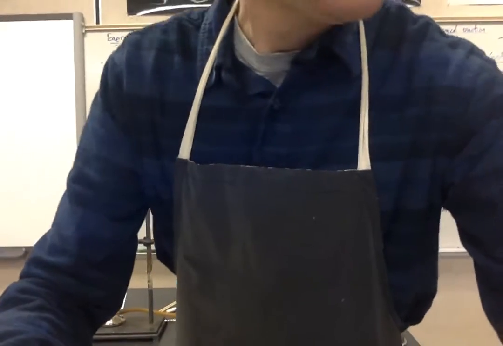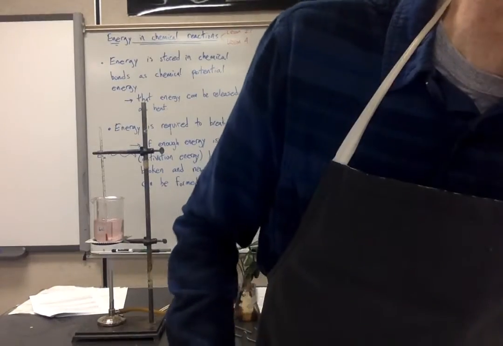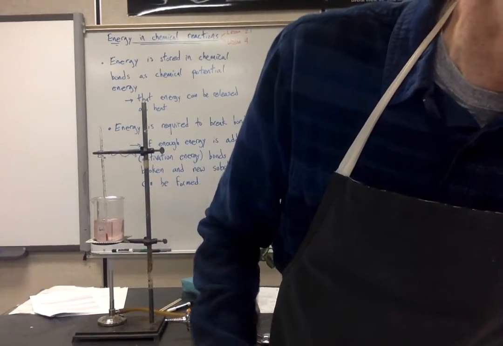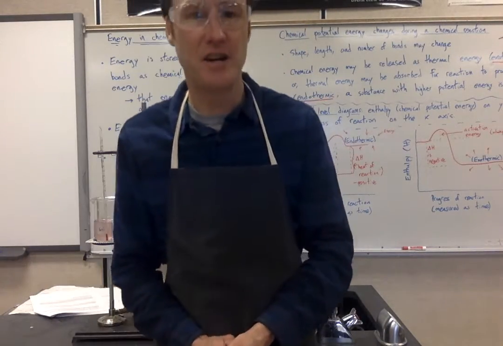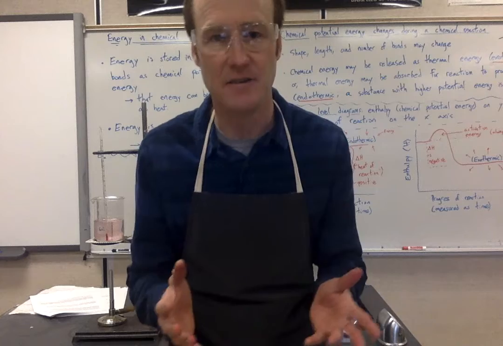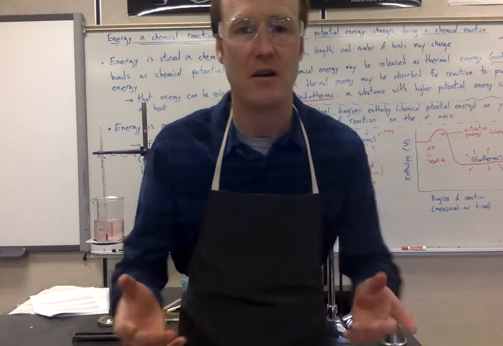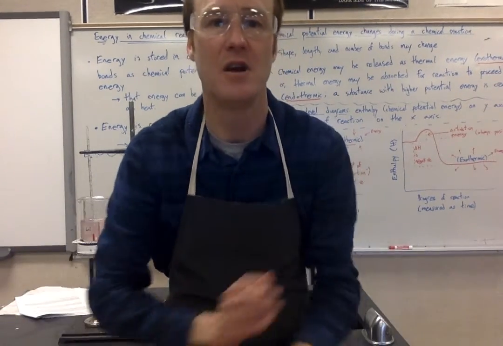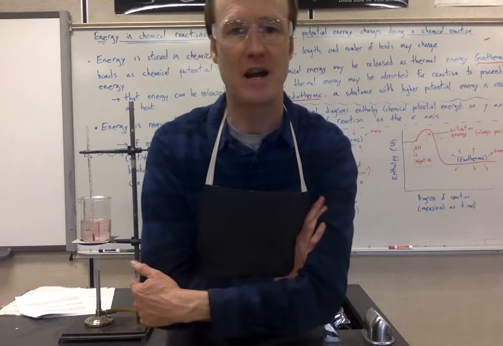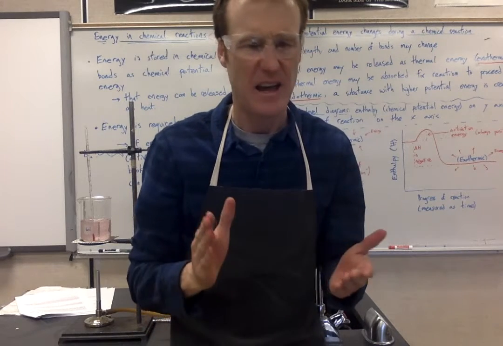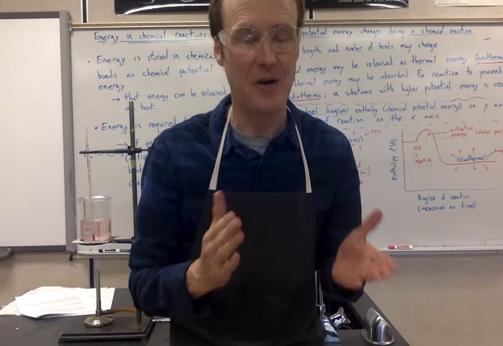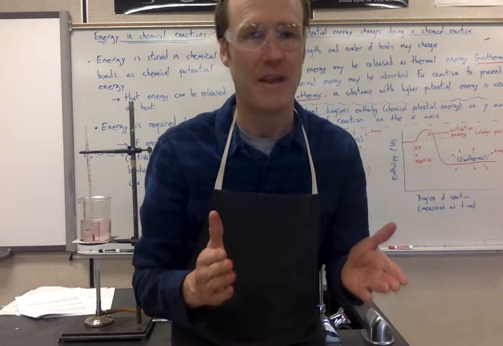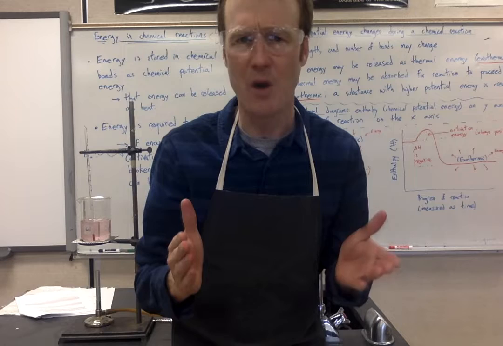Now, in any chemical reaction, yes, the shape, length, and number of bonds might change. And you can actually demonstrate this just by reviewing in your mind what you know about a chemical reaction, and if you know a little bit about the molecules, you can actually count the number of bonds that are made and realize that often the number of bonds might change.